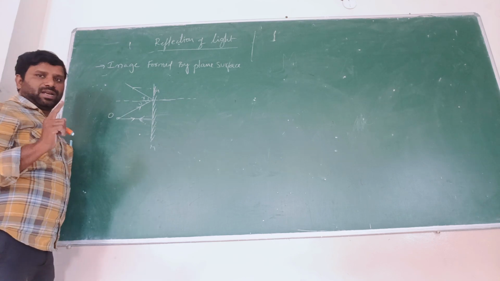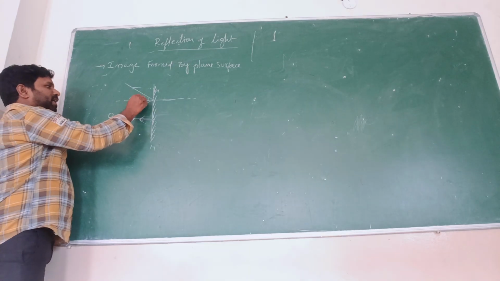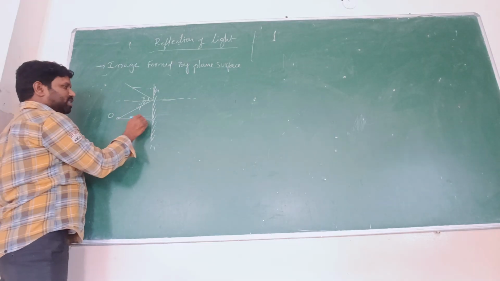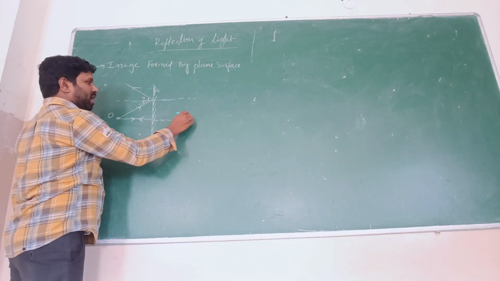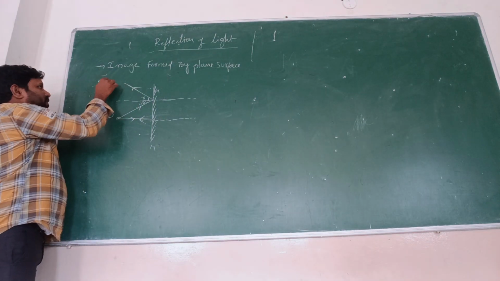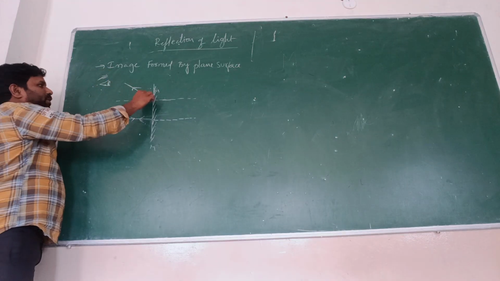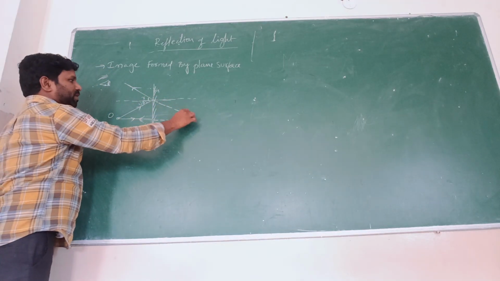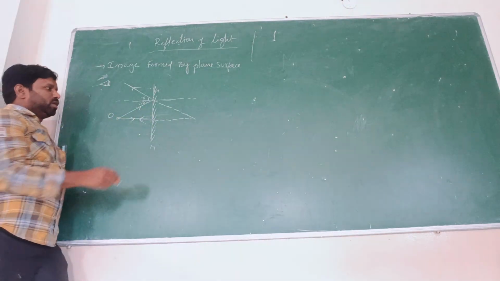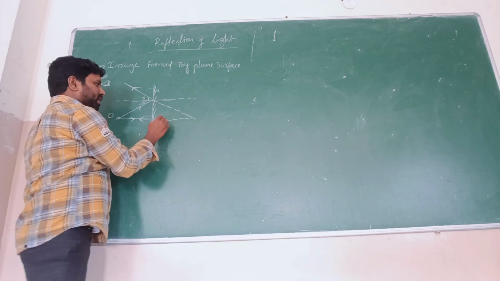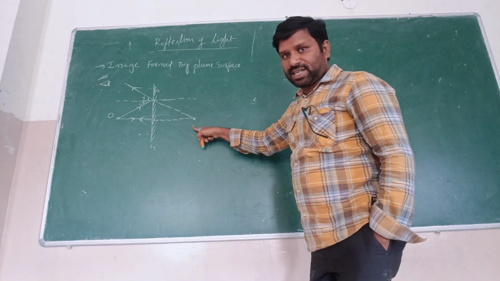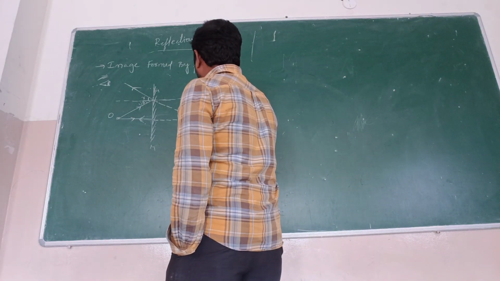If you extend this light ray and observe it from this end, it appears to come from this side. It is an extended reflected ray. This is also an extended reflected ray. Both intersect here, so the image will be formed here.